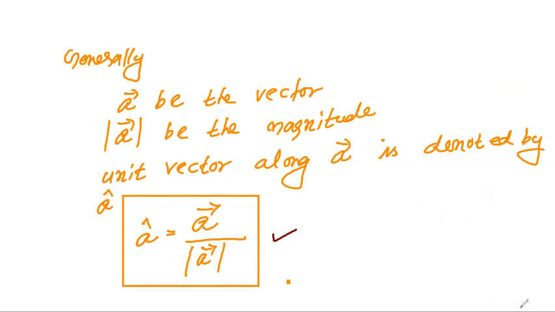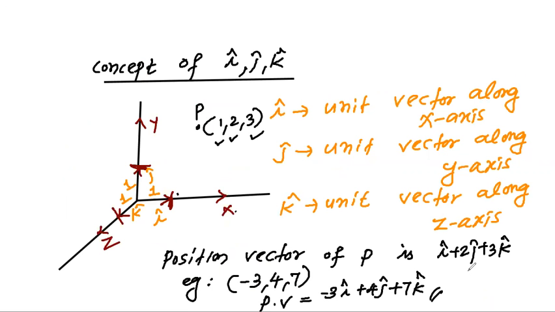Then we discussed special types of unit vectors, which are i cap, j cap, k cap. i cap is a unit vector along the x-axis, j cap along the y-axis, and k cap along the z-axis. Now if you are given a point in 3D, by giving i cap, j cap and k cap to that point, we can write the position vector of a point.